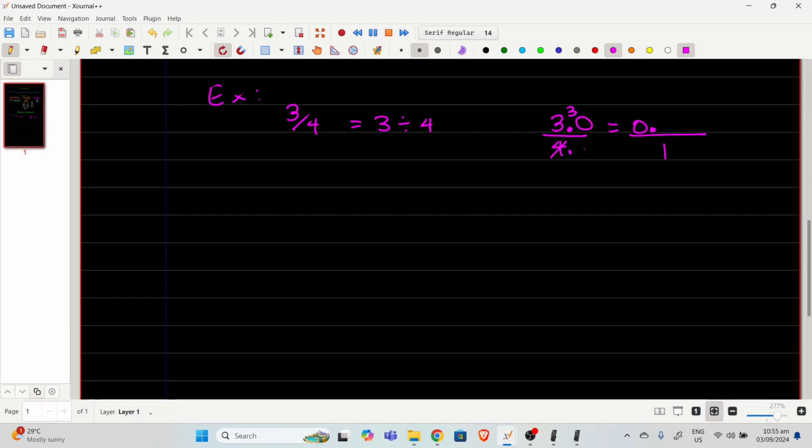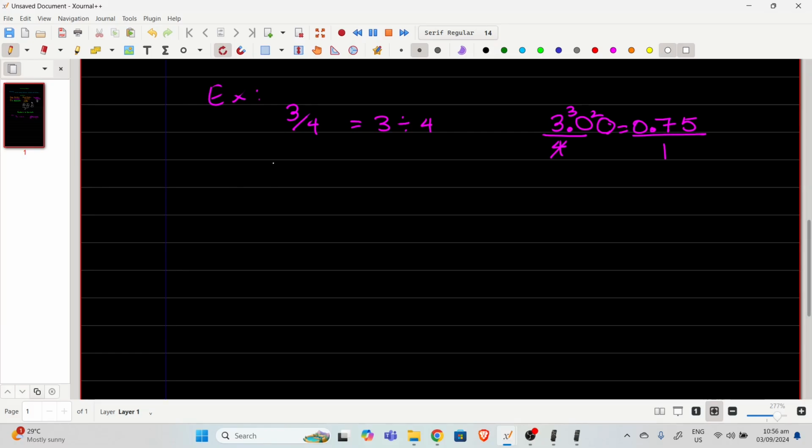And then we're looking at 30 divided by 4, which is 7. 4 7s are 28. So we put a 7 here, and then a 2 remaining over here. And then 20 divided by 4 is 5, so I'm putting a 5 here. So this here, and let me just write this equal sign properly, is equal to 0.75.